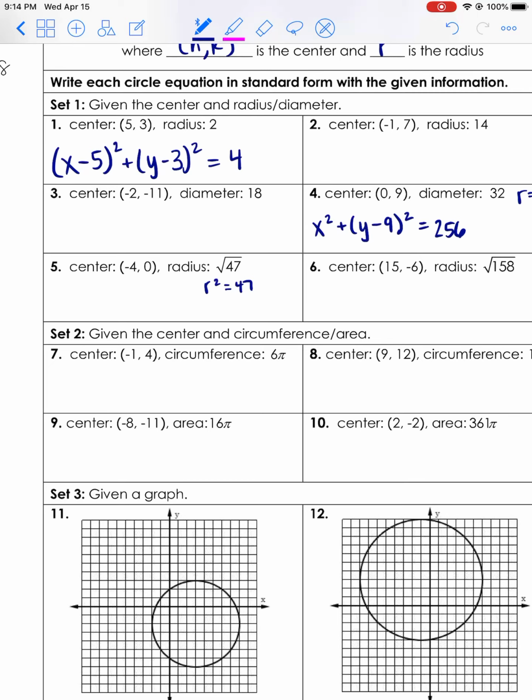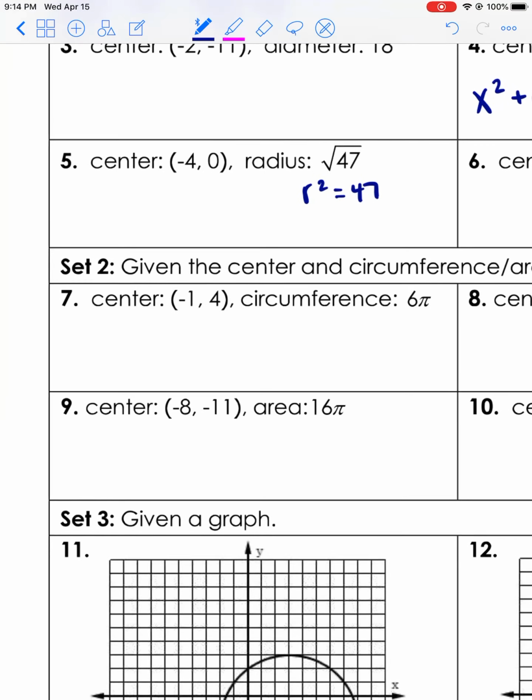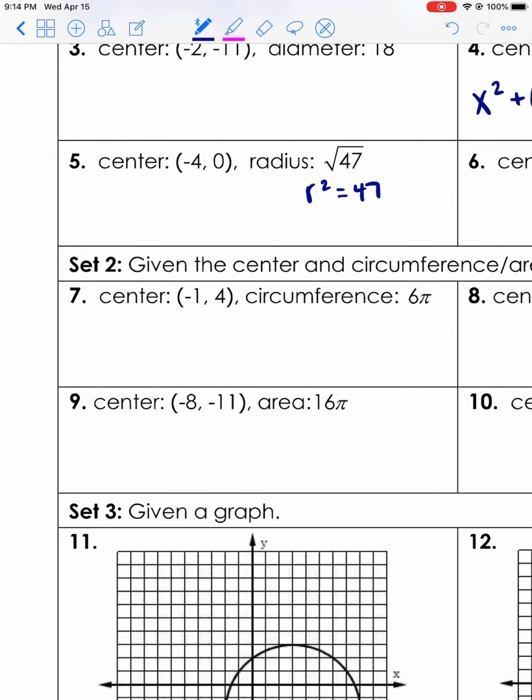Let's try number 7, where you are given the center and the circumference. Just like yesterday, the circumference and the area are in terms of pi, so it makes it pretty easy to find the radius. Remember that the circumference is 2 times pi times the radius. So if the circumference is 6 pi, the pi's cancel.